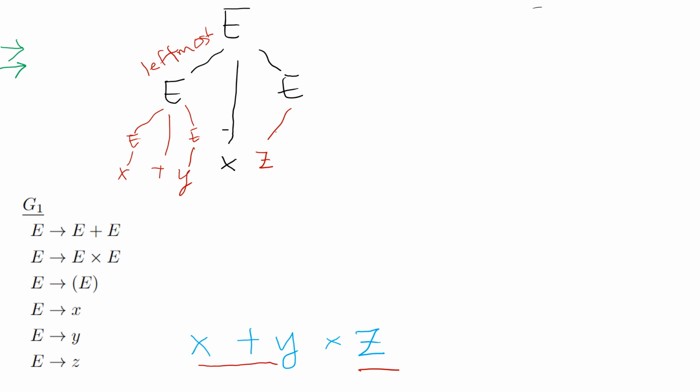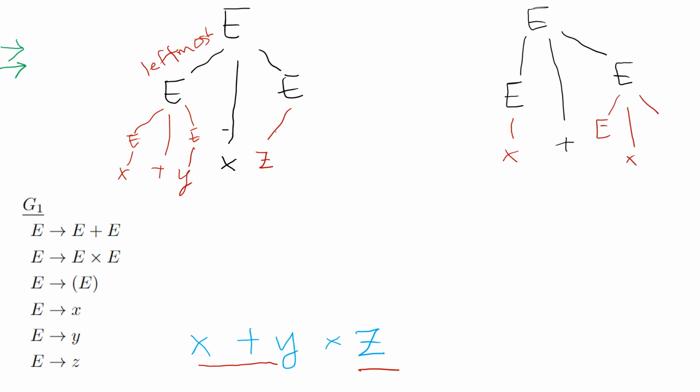Another way to do this, though, is to do E and replace that with E plus E. And now to get x, I replace this with x, this is a plus, and I need to replace this E. That's where the times comes in.